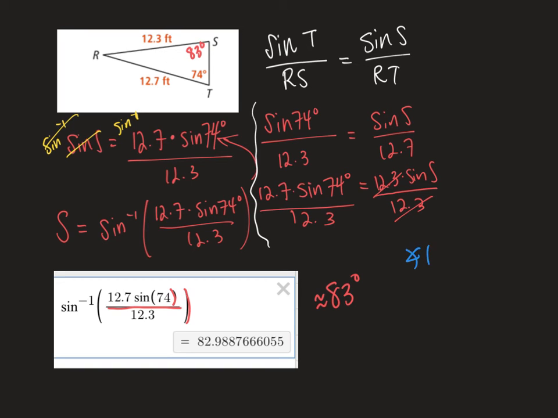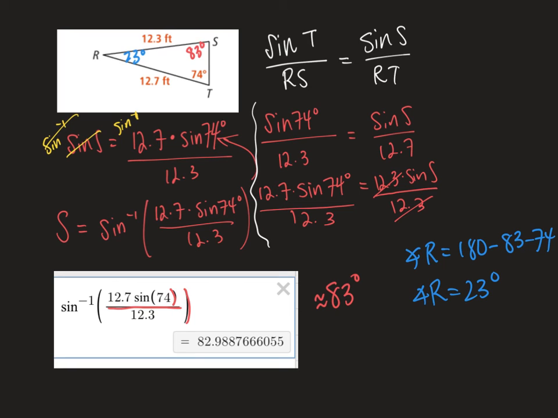So angle R is really the same thing as 180 minus 83 minus 74. And when I use my calculator to solve for that, I end up that angle R is equal to 23 degrees. So it doesn't really matter which one I start with, as long as I end up with the two angles, I can always find the third angle.